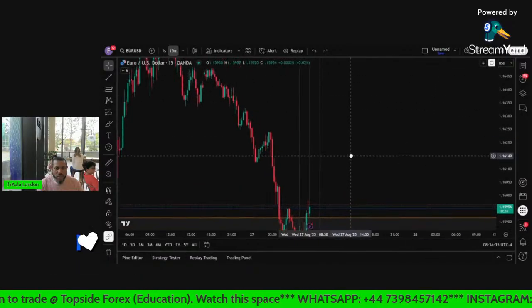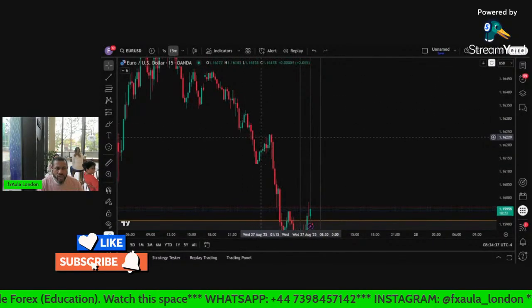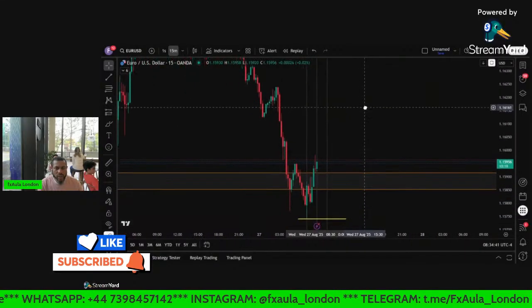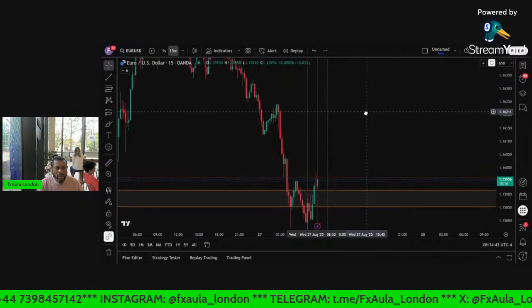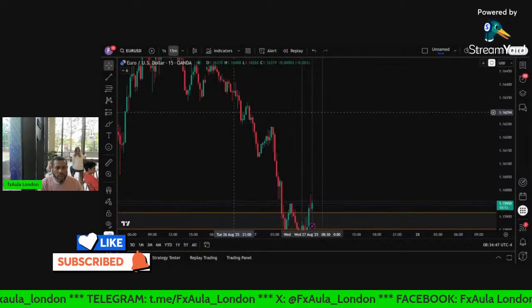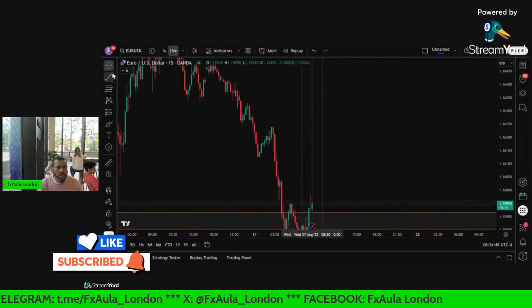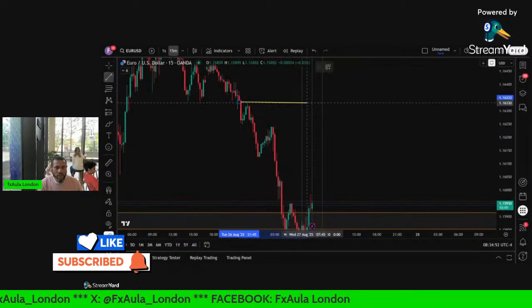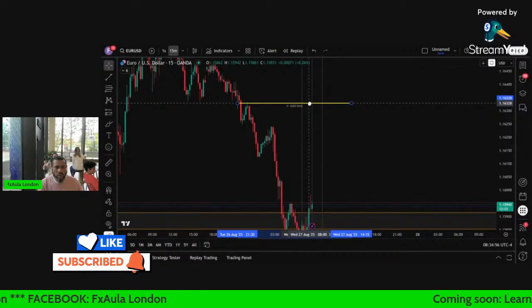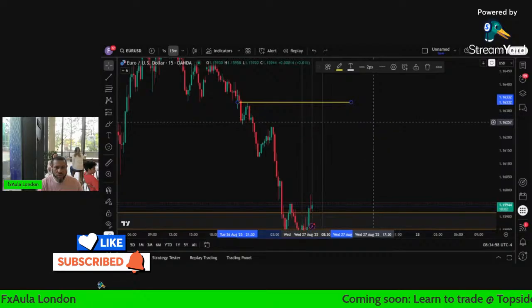Let me see, I can see a very clear 15-minute swing high. I think I see one around here. This is not really a swing high. I think I see one here. So that's the first thing I look at.